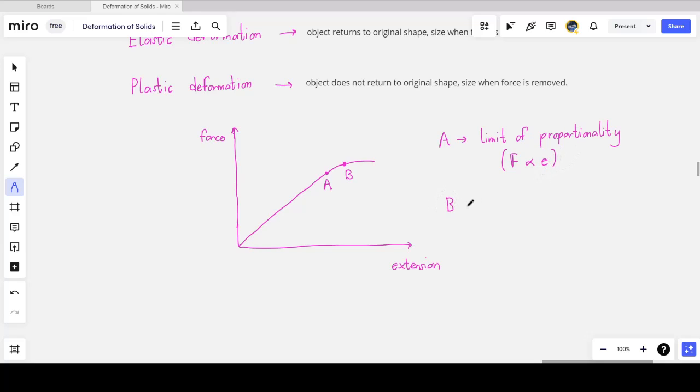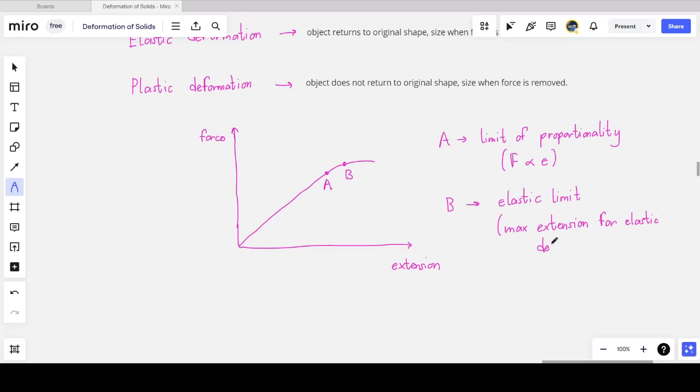But the point B is just past the limit of proportionality, and we call this the elastic limit. The elastic limit is the limit below which the deformation will be elastic and above which the deformation will be plastic. So this is the maximum extension that will allow for elastic deformation.